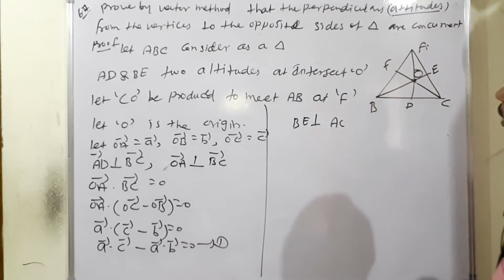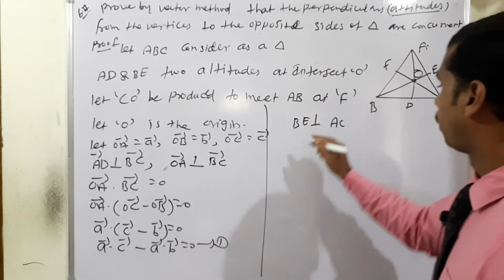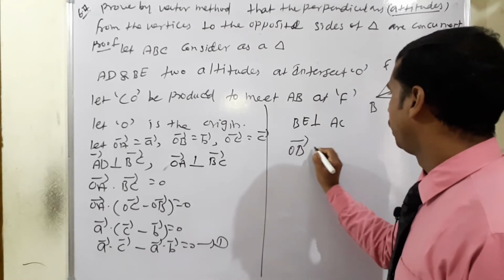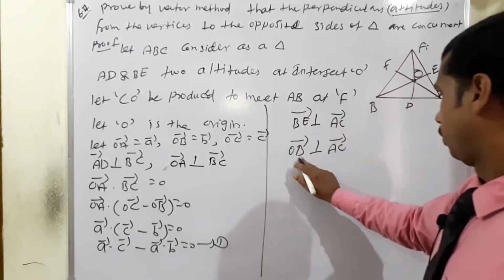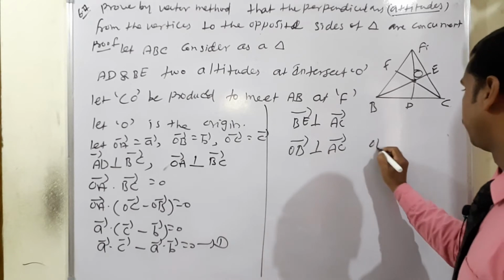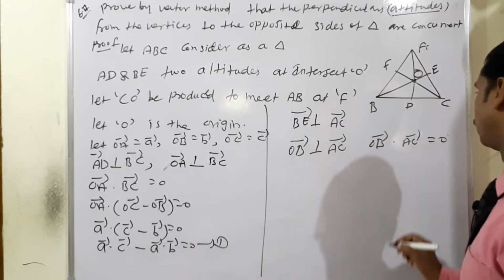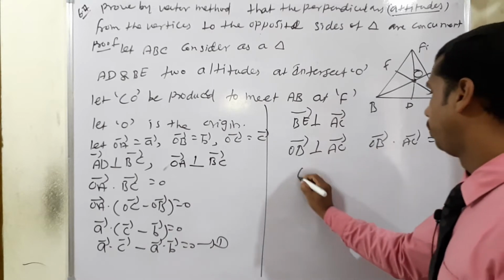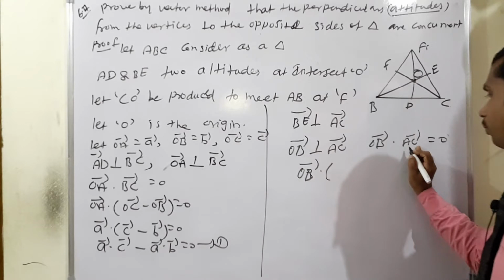BE perpendicular to AC means, look at there, B means OB is also one of the points. Therefore, OB is perpendicular to AC vector. Now both are perpendicular, so we can write OB vector dot AC vector is equal to 0. Again, AC as a position vector, how to write?